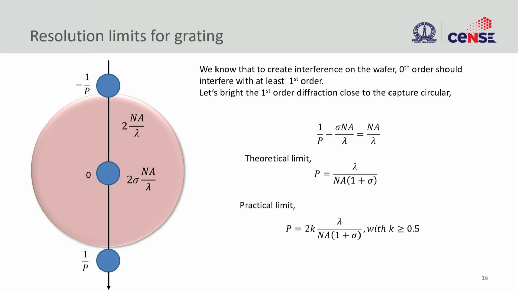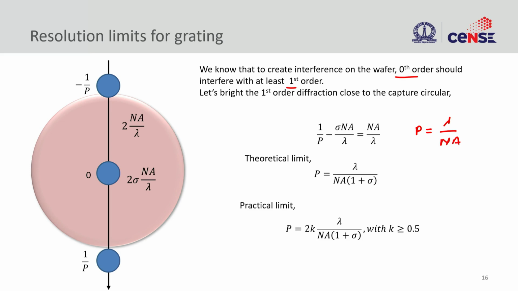But now let's look at the resolution limit if I use partially coherent light. We know that we at least need 2 orders, 0th order and first order. From our earlier discussion, your resolution is dictated by lambda over NA.